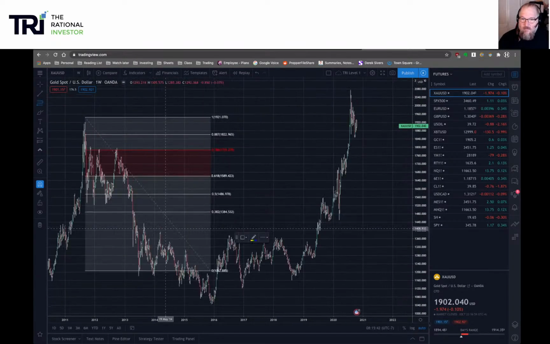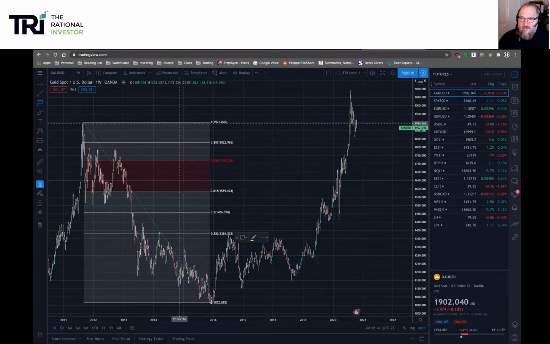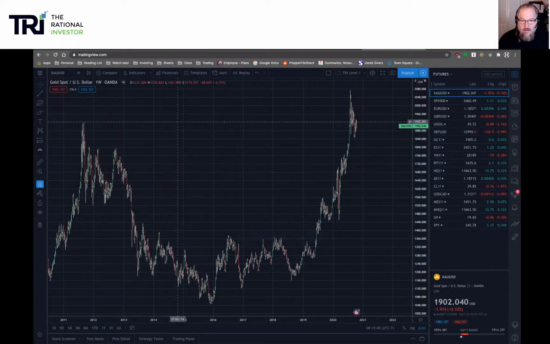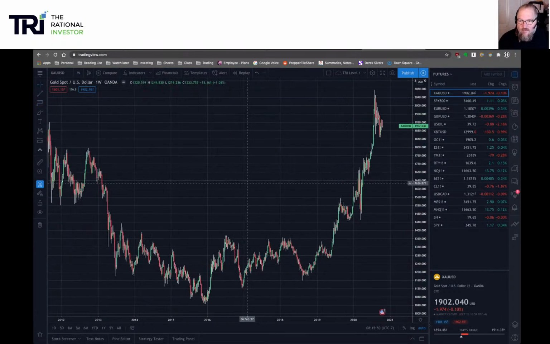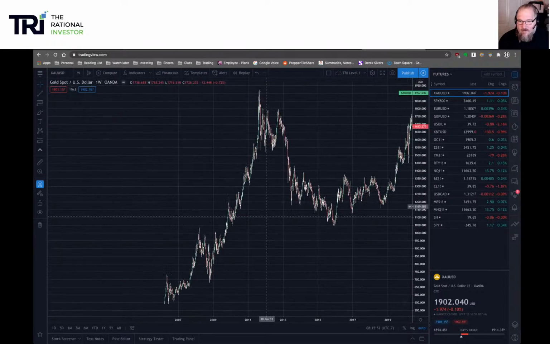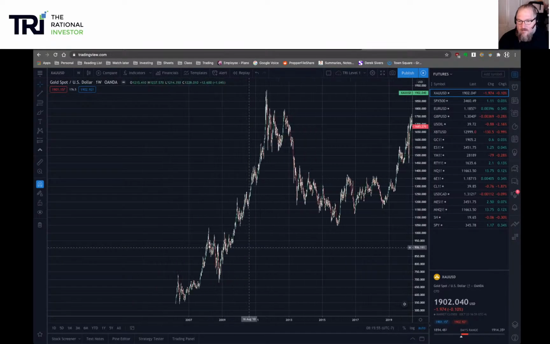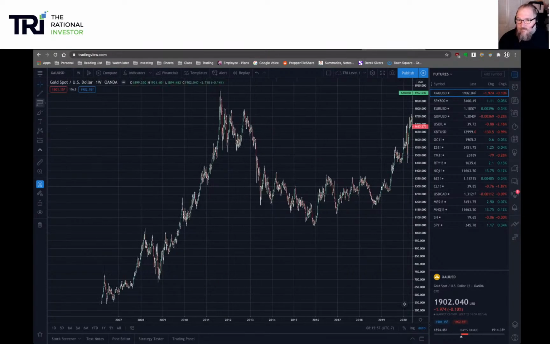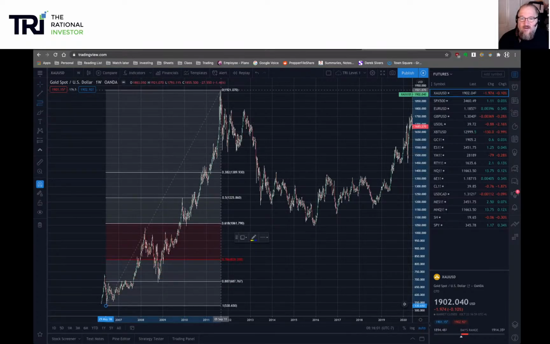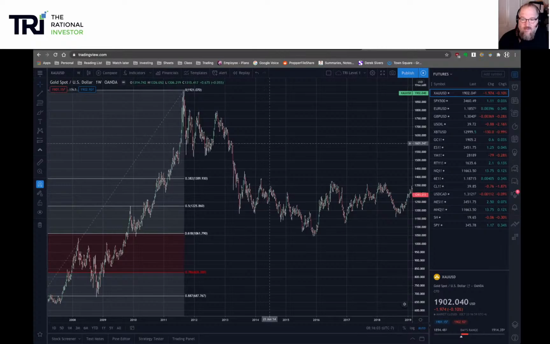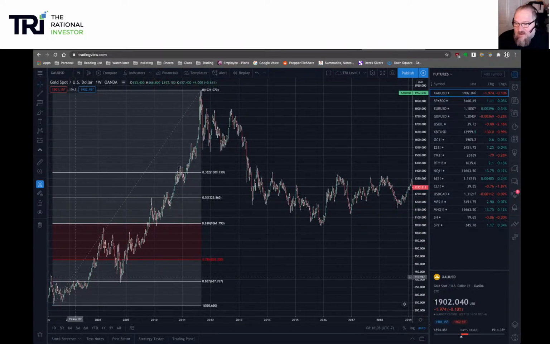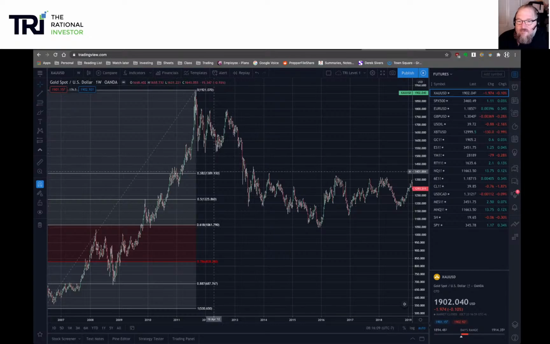Okay, so let's get rid of this particular one, and let's look at the one before it, this move here. So when we're looking at retracements, and these can cover any range of time, really, right? Like this is weekly. This is covering literal years of time, right? When we're talking about first stop, we're talking about this.